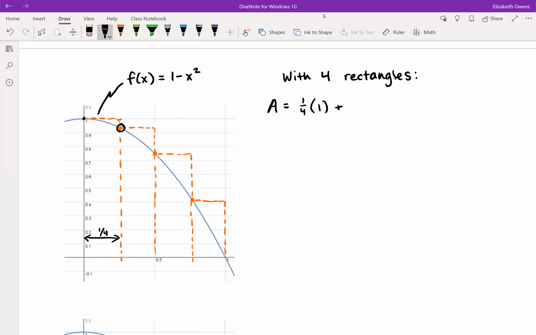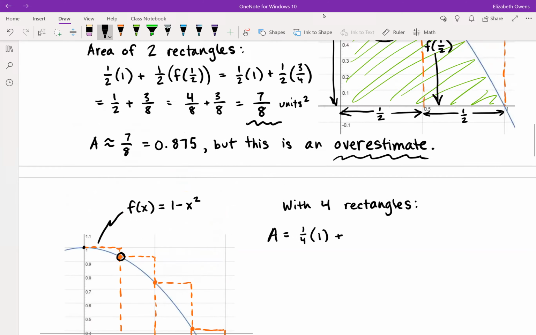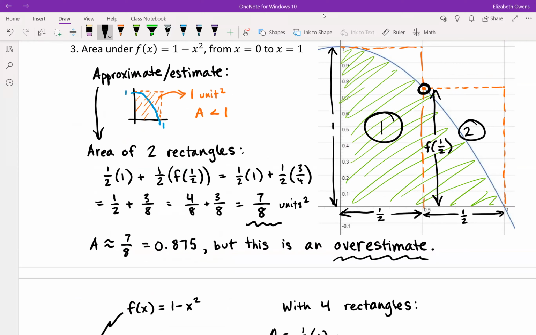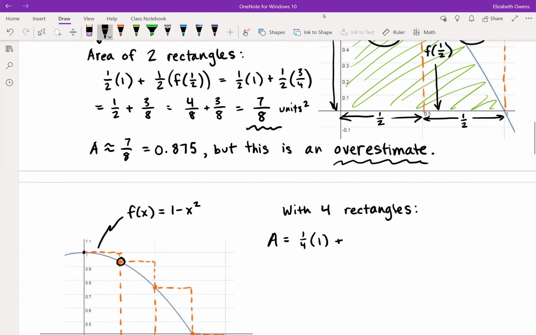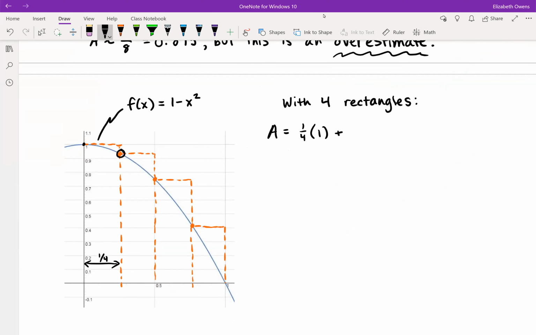And just like our previous sketch, for the second rectangle here, we based our height off of this point. And that point was f of 1/2 because it lies on the parabola f of x equals 1 minus x squared. The point down here was 1/2, so that y value was f of 1/2, giving the height of the second rectangle. So same type of idea here.